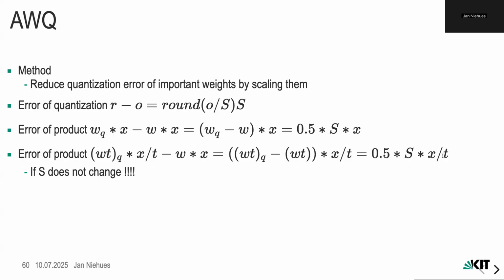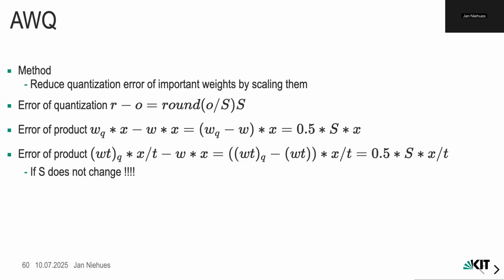So if you're now using t, your error is a lot smaller. You see it's divided by t. If we have a factor higher than 1, then our error on average will be lower by this factor than the upper one, which sounds nice. So we have some type of trick to reduce our error.